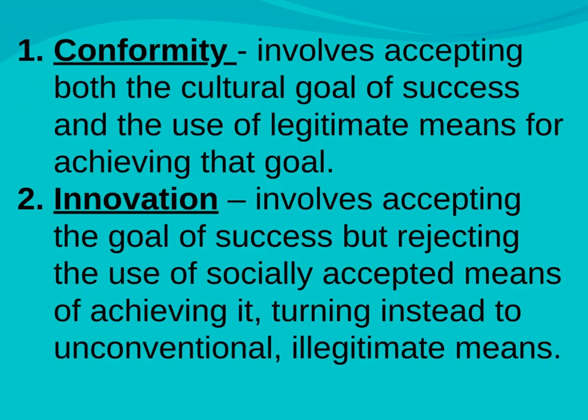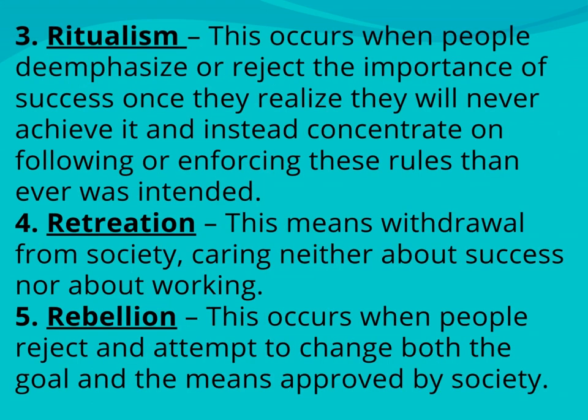On conformity, it involves accepting both the cultural goal of success and the use of legitimate means for achieving that goal. Innovation involves accepting the goal of success but rejecting the use of socially accepted means of achieving it, turning instead to unconventional, illegitimate means.